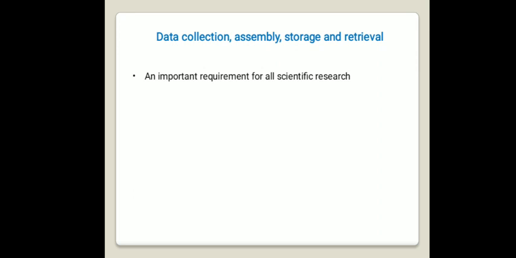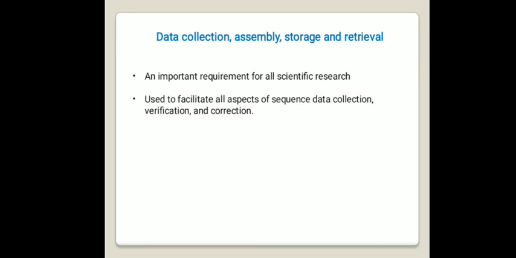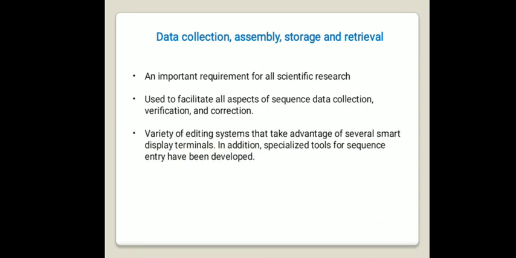An important requirement for all scientific research is the ability to collect and store the primary data, often consisting of nucleic acid and protein sequences. Computer programs are now used to facilitate all aspects of sequence data collection, verification, and correction. These programs include a variety of editing systems that take advantage of several smart display terminals. In addition, specialized tools for sequence entry have been developed.